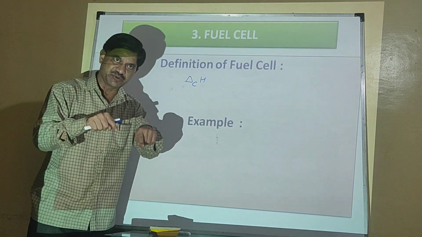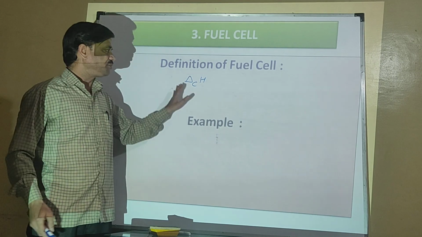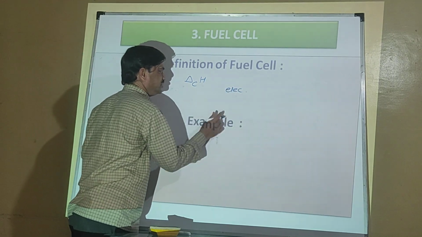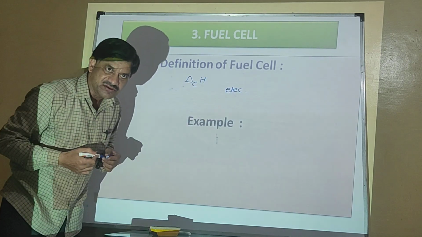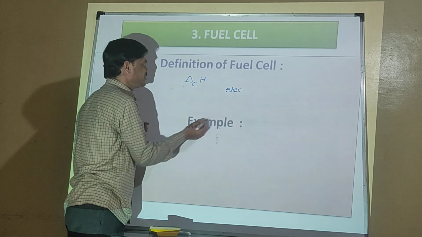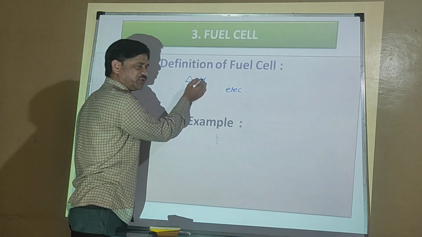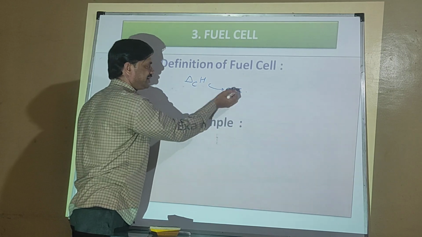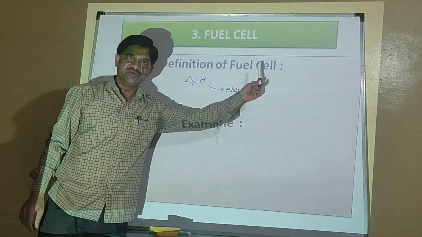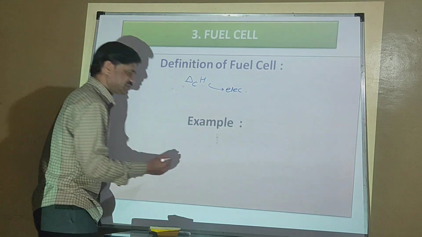So those cells which directly convert heat of combustion of substances into electricity, such cells are called which cell? Fuel cell. So remember this word. Those cells which directly convert heat of combustion of substances into electricity are known to be what type of cell? Fuel cell.